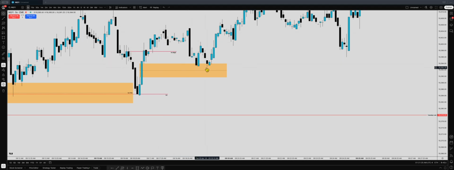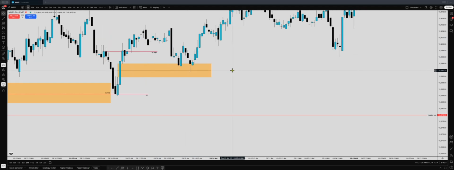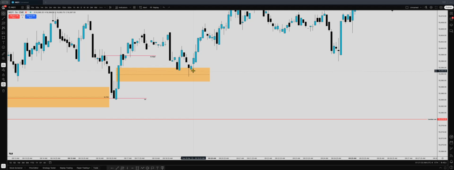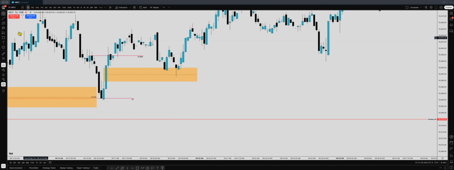Price pushes off, comes right back into it. Consequent encroachment of the fair value gap. You can add another one there. And then what happens again? This little spike here took out this little intermediate swing low. We have another continuation on the 5-second.